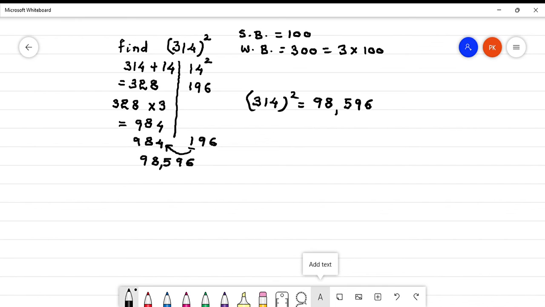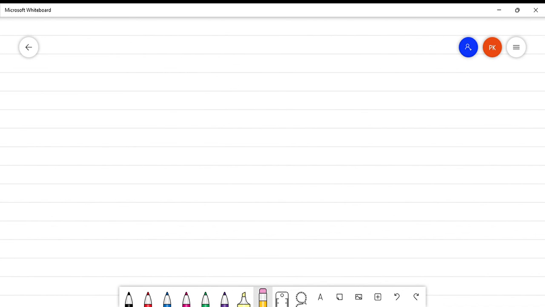Okay, so to make this concept more clear, let us take one more problem. Let us calculate 518 the whole square.